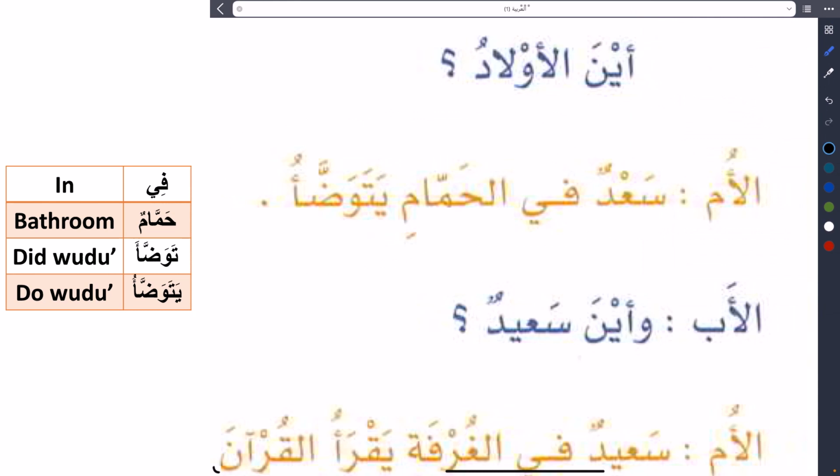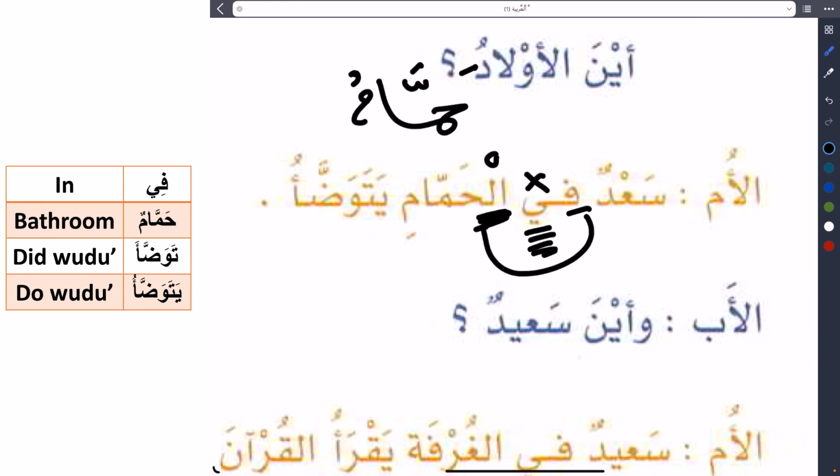And we also said a reading rule: the stretching letter, if it's followed by al, is skipped. So we read fil hammami. And we said hammamun is the bathroom, al hammamu the bathroom.